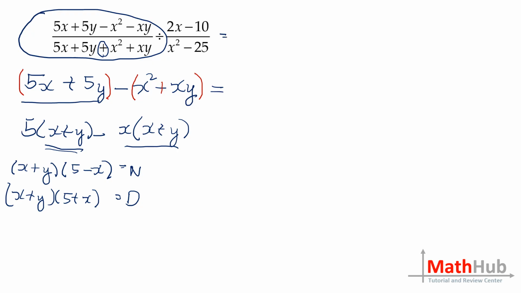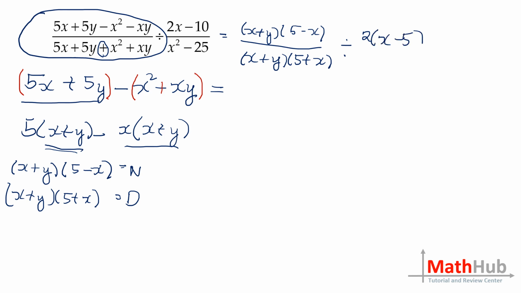So this is (x plus y)(5 minus x) over (x plus y)(5 plus x), divided by 2x minus 5. So remember that whenever you're dealing with RAEs, always factor everything. Okay, the numerator and the denominator.